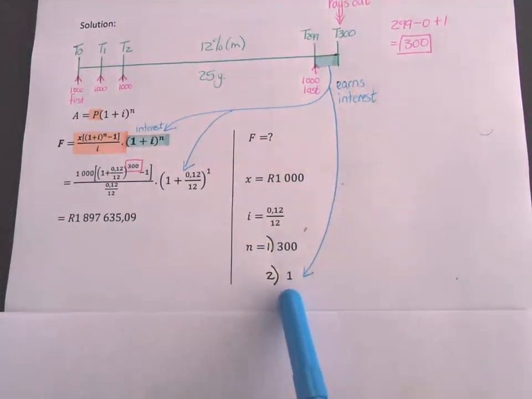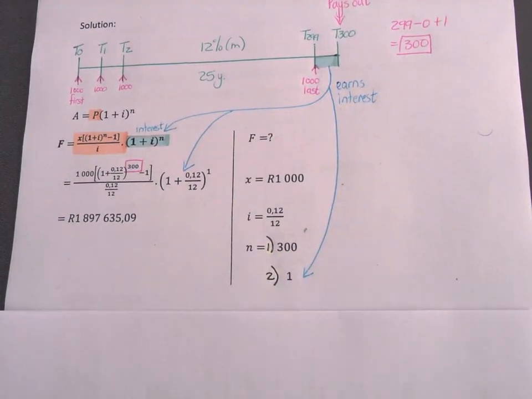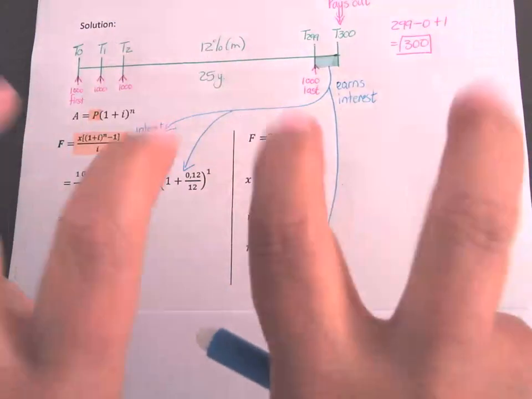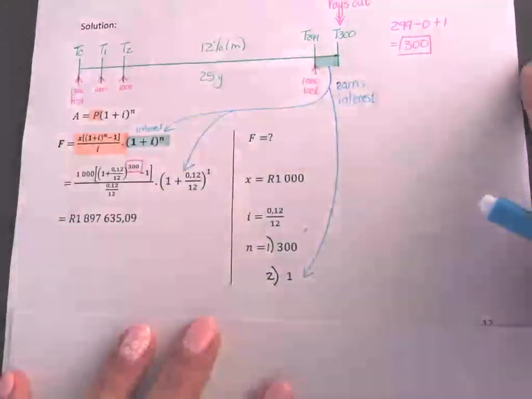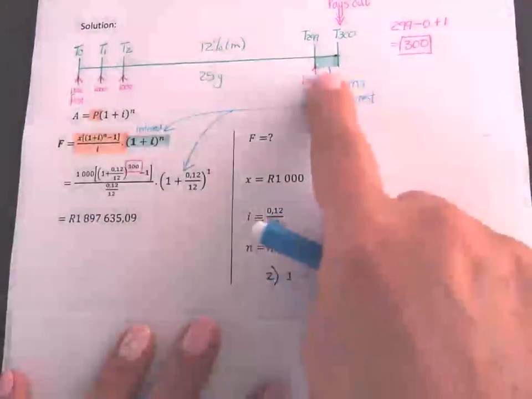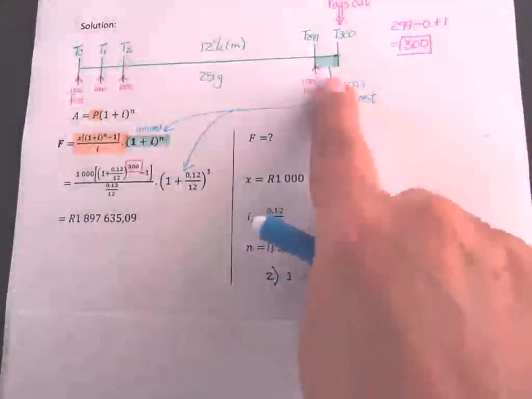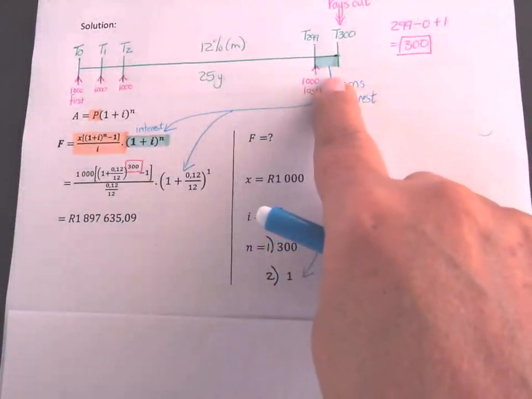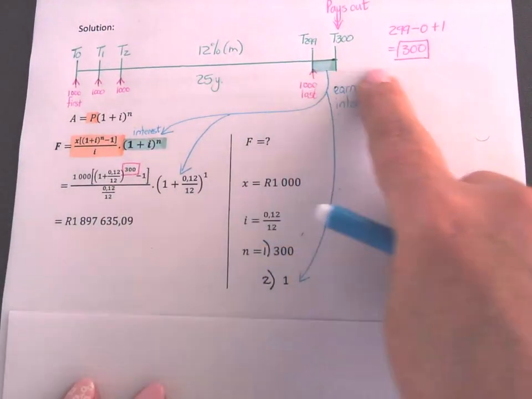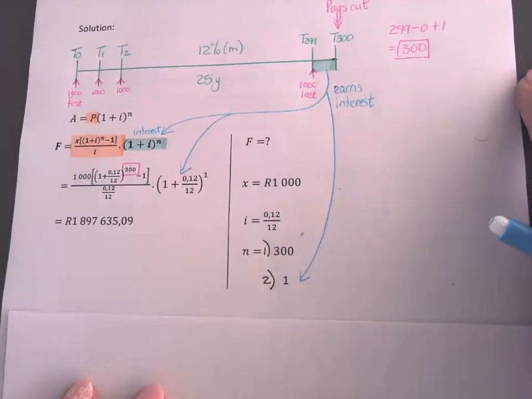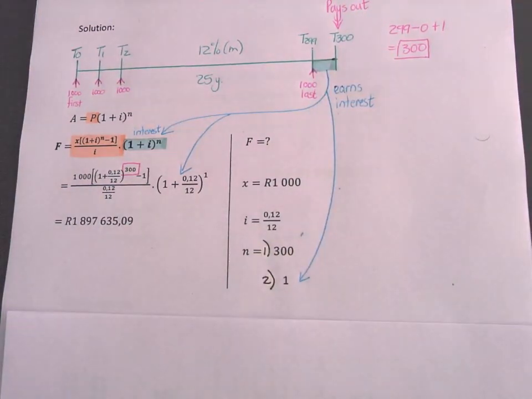Then it lies there for 3 months. Let's say the unit, N's unit, is months. So for how long does it lie there? 1 unit, 1 month. If it lies there for 2 years, it's 2 times 12, 24 units, 24 months.